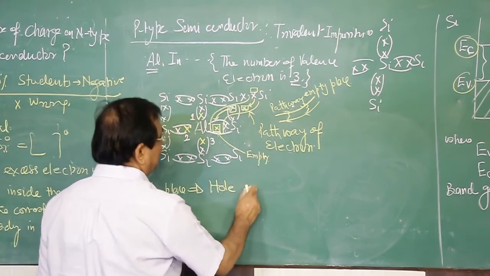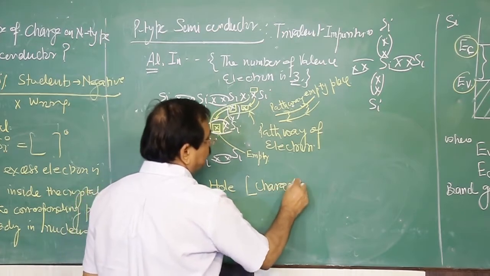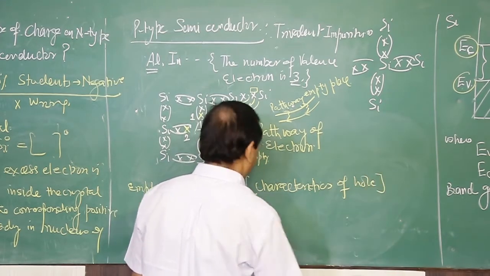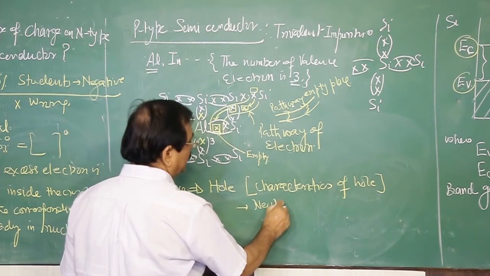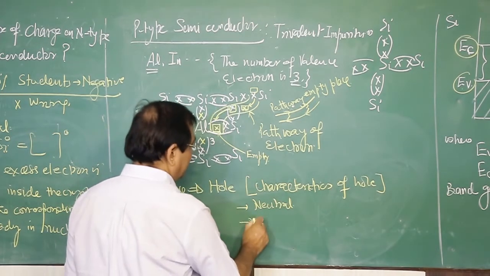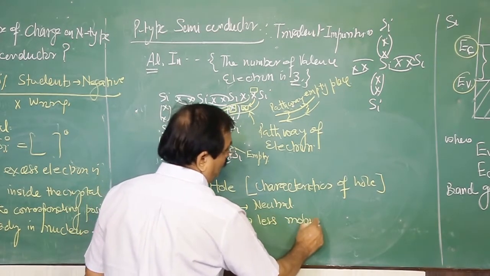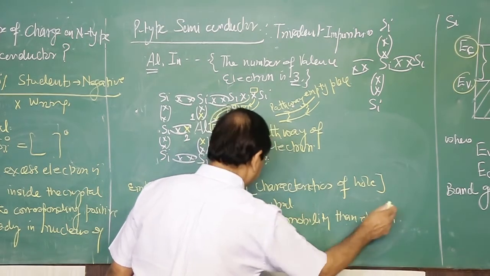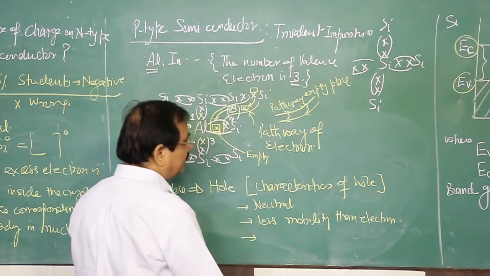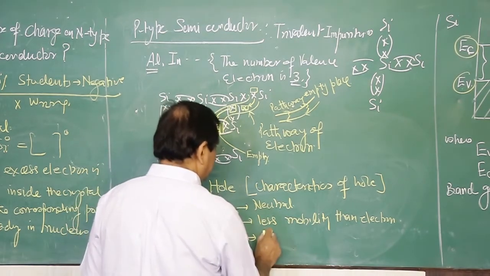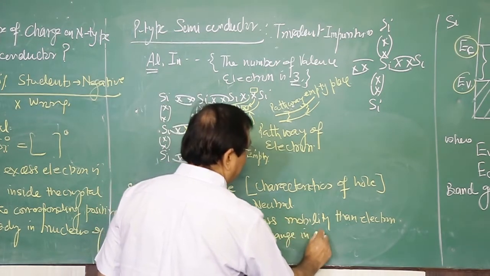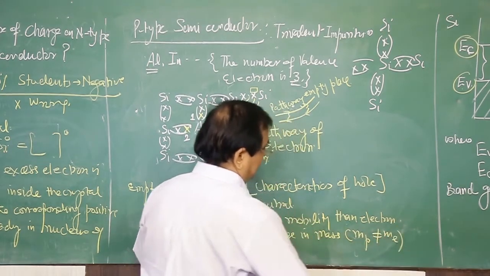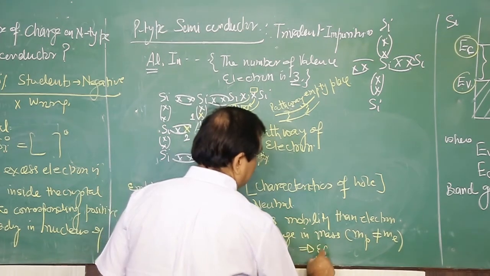So, from this configuration, the characteristics of a hole are: number 1, again neutral, and less mobility than electron, we will discuss later on in detail, and change in mass, that is m_p is different than m_n.